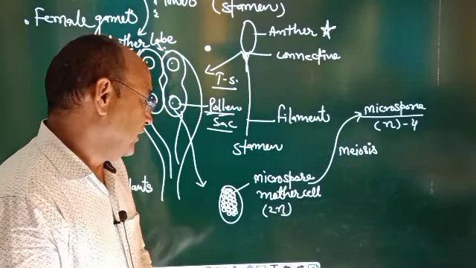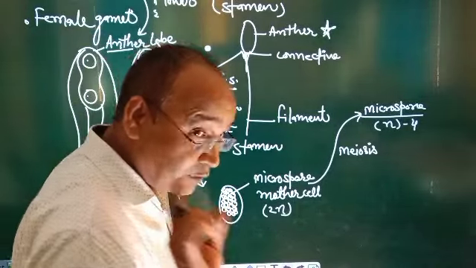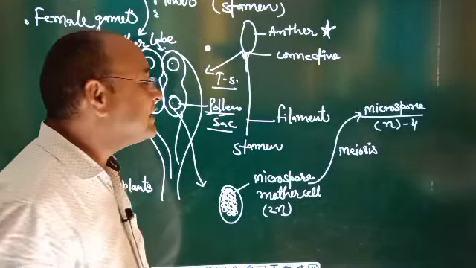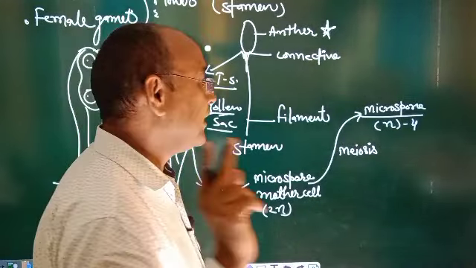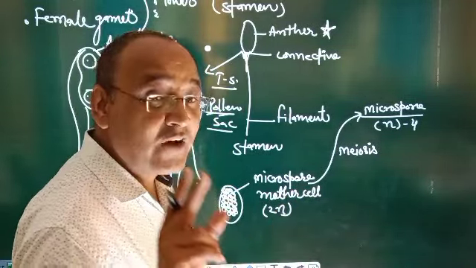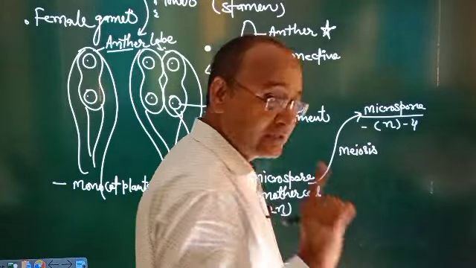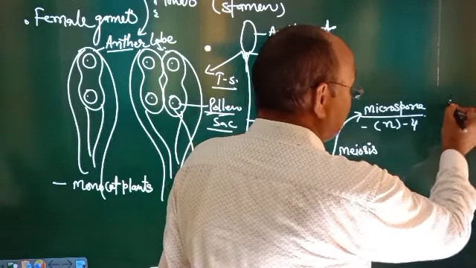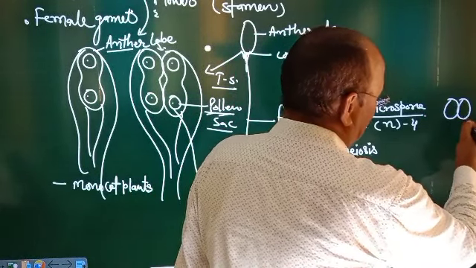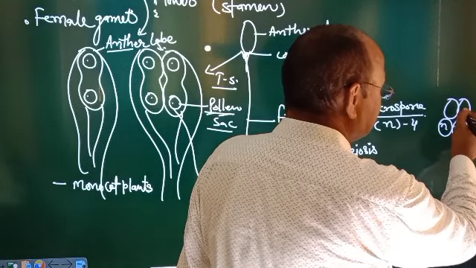Because in meiotic division, one cell divides into 4 cells. Each cell has half the number of chromosomes, so microspores are n. Is that clear? Okay. 4 microspores are attached to each other in various forms.